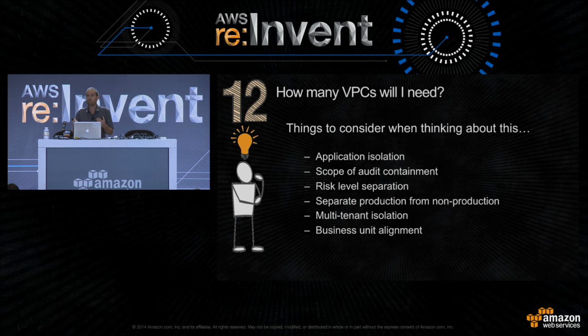So how many VPCs do you need? This topic's going to be covered in depth in the next talk, so I'm just going to touch on a few points here. Maybe you've got distinct application stacks with little or no dependencies, and you want to put them in separate VPCs. EC2 resource-based permissions doesn't segregate everything, so maybe there are some reasons why you want to put things in different VPCs and potentially different accounts.